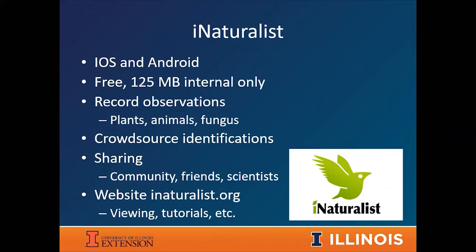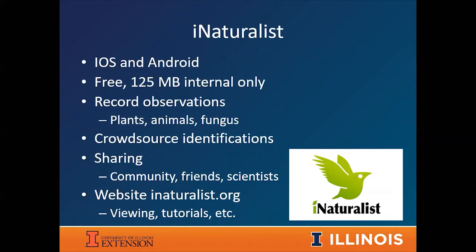And it's pretty cool because it crowdsources the identification. So while eBird has experts verifying identifications and things of that nature, iNaturalist uses the crowdsourced community. So they have a system where if three people confirm that species that you've input, then they'll confirm that as pretty solid for that species identification.